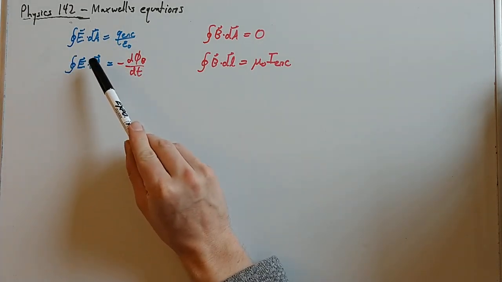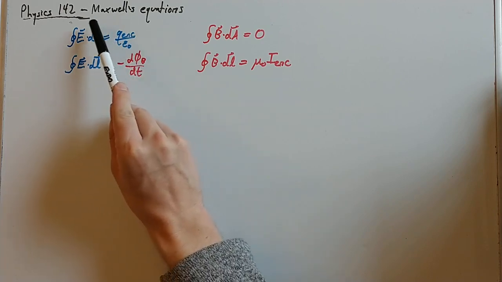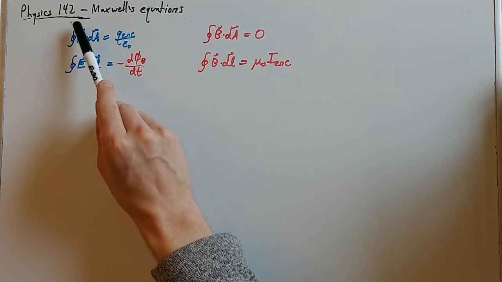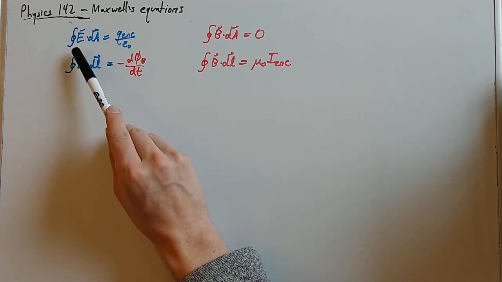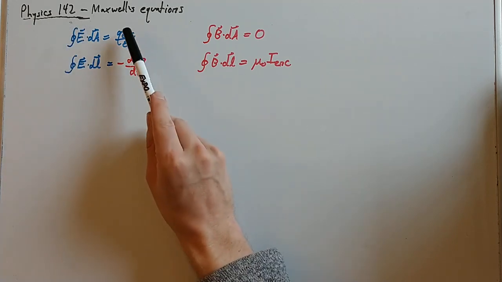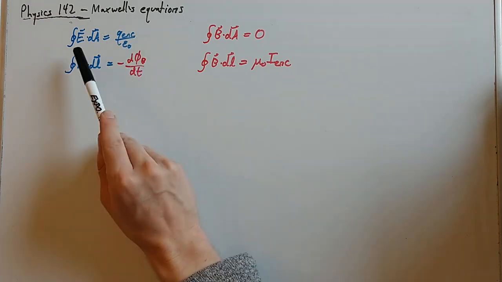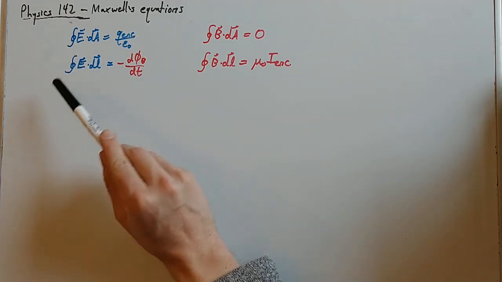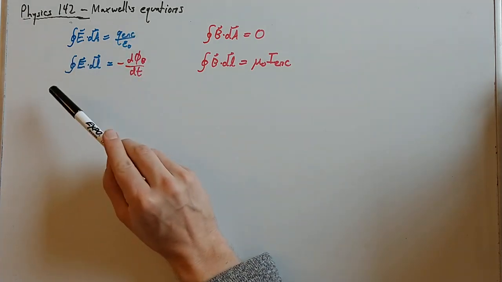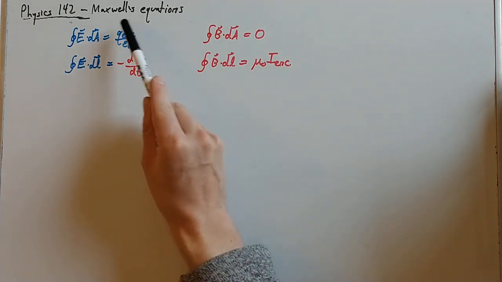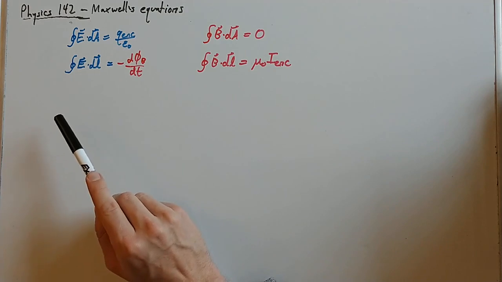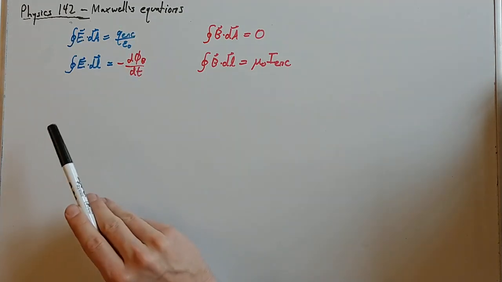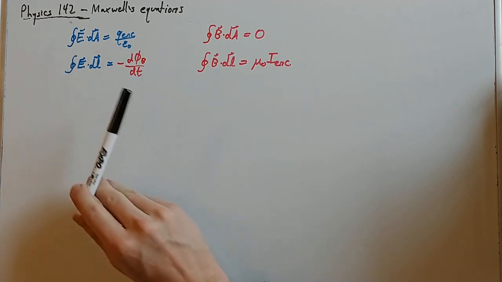Gauss's law said that for a closed surface, if you put more charges in that closed surface, you got more electric flux, more electric field coming through that surface. Gauss's law essentially was telling us that charges produce electric field. The more charges you put in, the more electric field you get out.